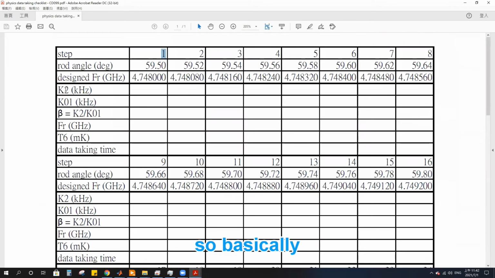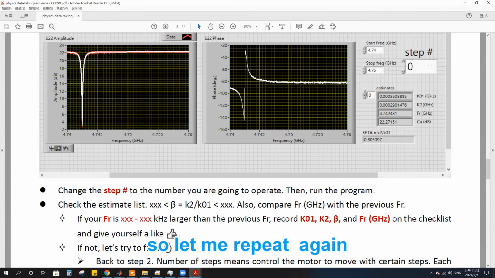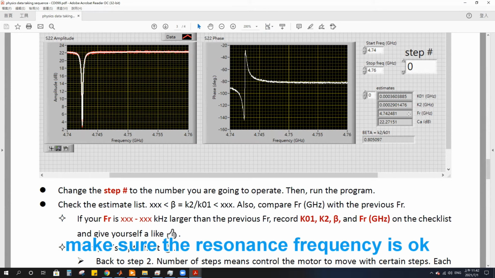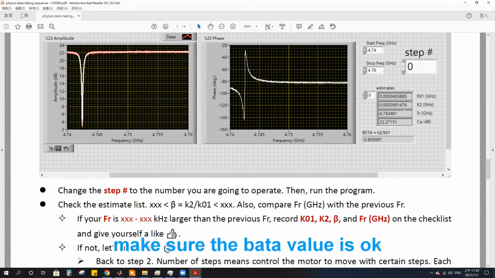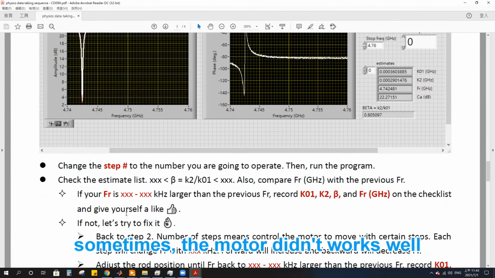This is important. So basically K2, K01, beta, resonant frequency. Let me repeat again: change the step number, run the program, make sure the resonant frequency is okay, make sure the beta value is okay, then record K01, K2, beta, and resonant frequency.